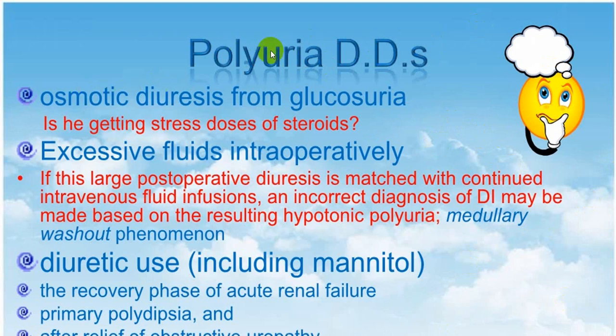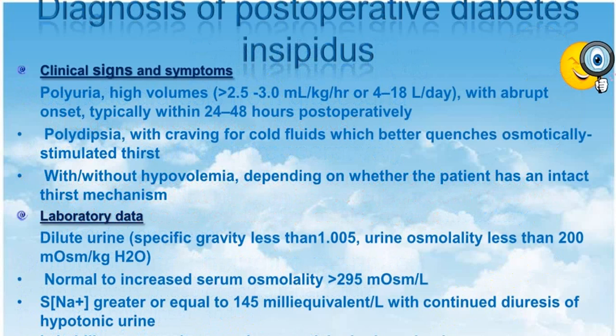Also polyuria from osmotic diuresis, excess of fluid which is being given quite frequently, diuretic use, you should try to differentiate. Sometimes a recovery phase of acute renal failure, a primary polydipsia, and sometimes when you relieve the obstruction in an obstructive uropathy, it can be followed by a polyuria for a short period. Always keep it in mind. This could be some of the conditions which can produce polyuria. So wait for a while, investigate properly and make the diagnosis.